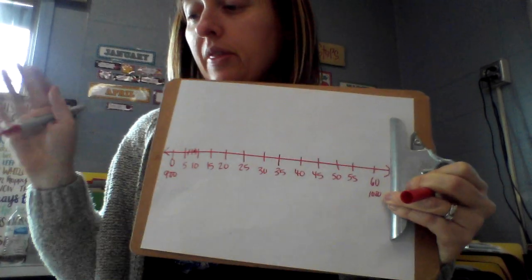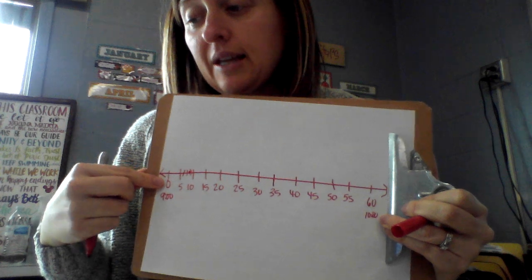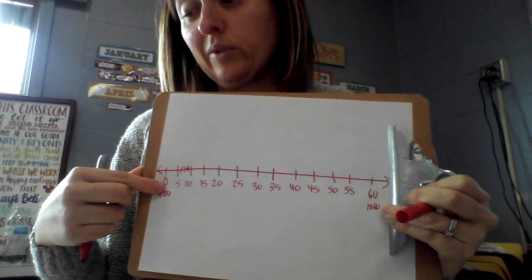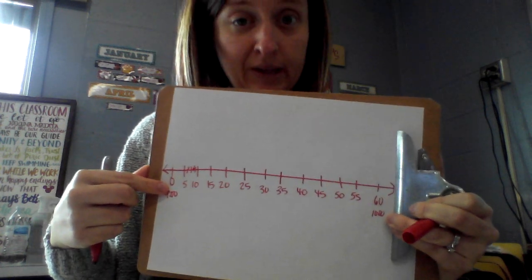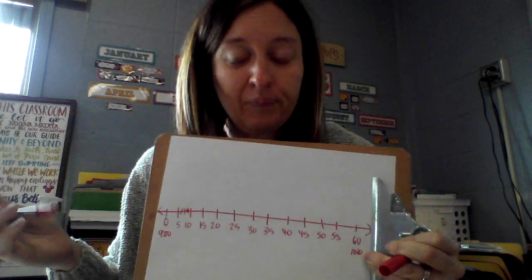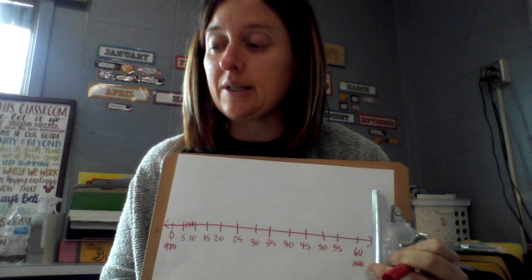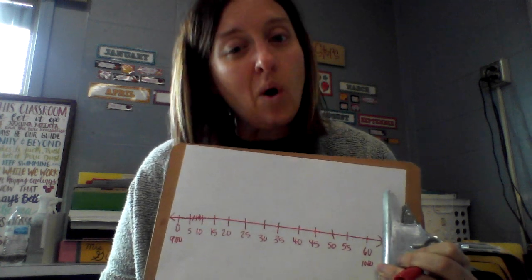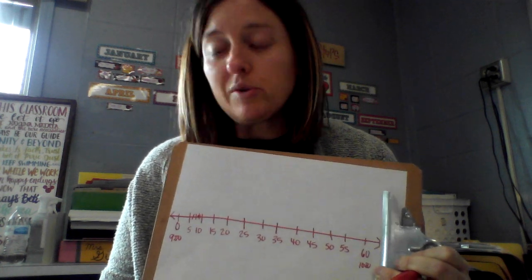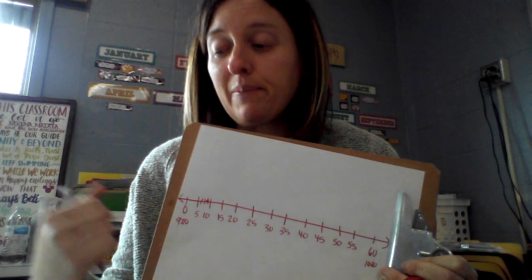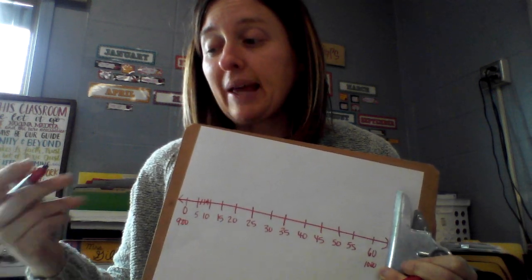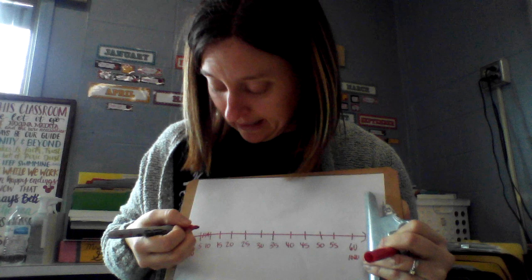Now, the very first thing that he does is he will write down his homework assignments because he's responsible. So if he gets to class at 9:08, the very first thing he does is write down his homework assignments. And that takes him 4 minutes. So what I'm going to do is plot that point on my number line. And I'm going to do that by counting on 4 more minutes.